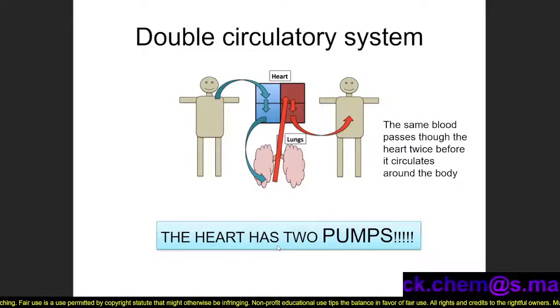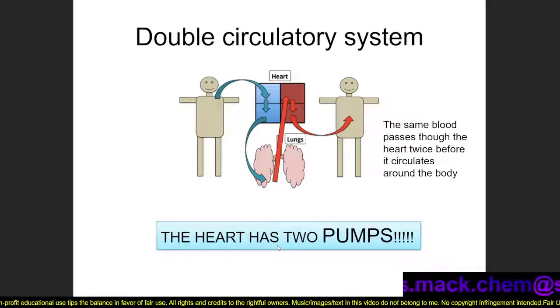Blood will then leave that area where the lungs are, return to the heart, and this is seen as the two red boxes on the screen. So blood will return to the heart before it exits and circulates around the rest of the body. And this is what the double circulatory system is.